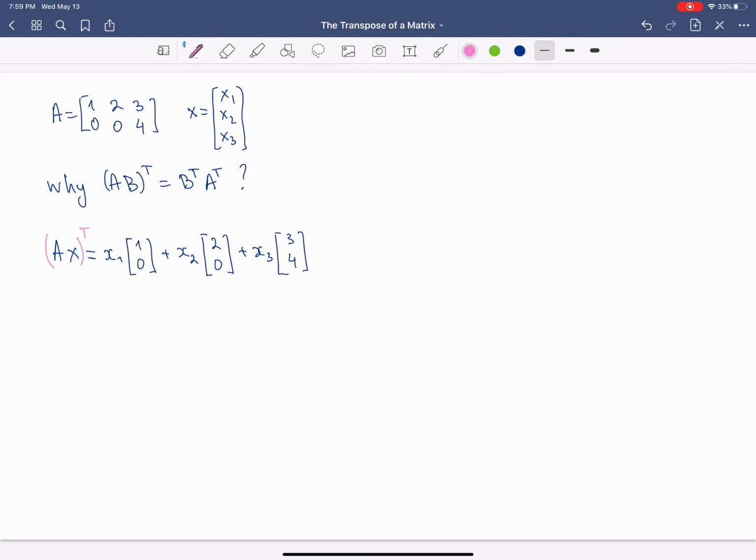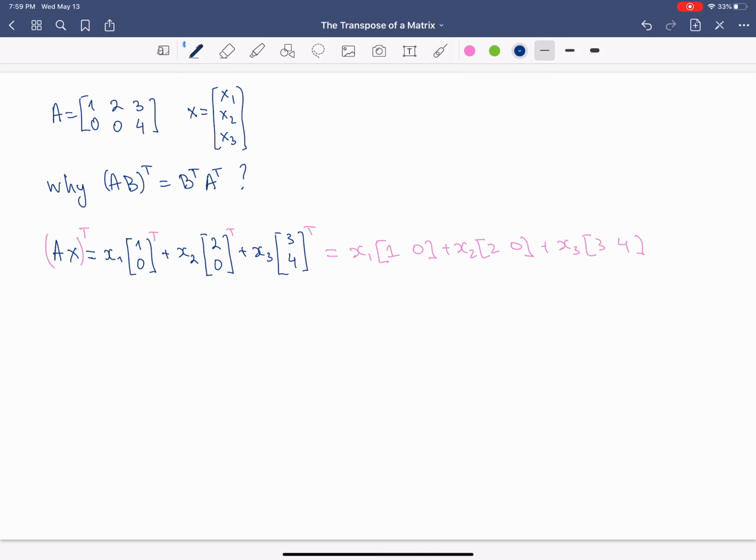So if I want to transpose Ax, I would be transposing these columns, which equals x1 times a row vector, if you wish, plus x2 times a row vector 2, 0, plus x3 times a row vector 3, 4, because that is what that T is doing. It's converting columns into rows and rows into columns.